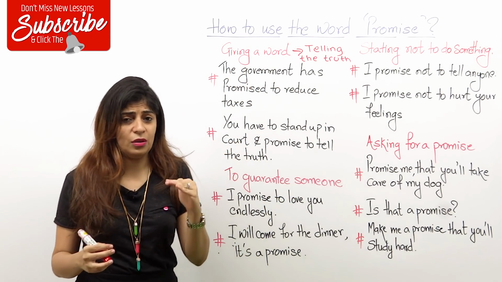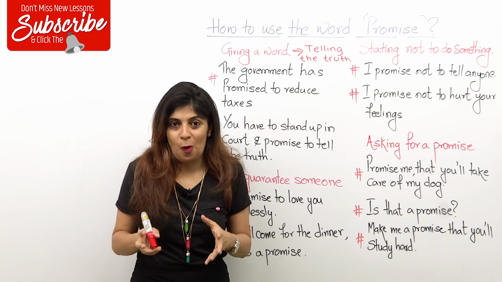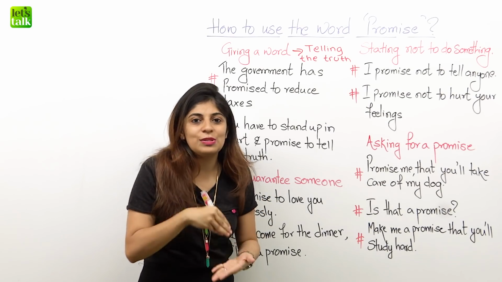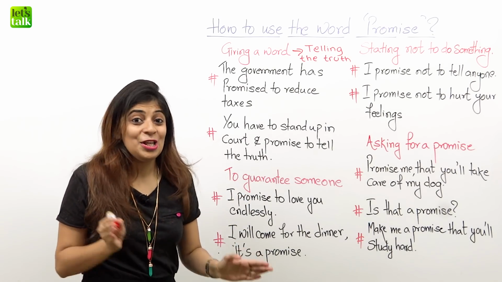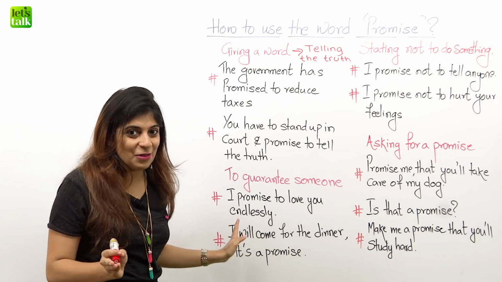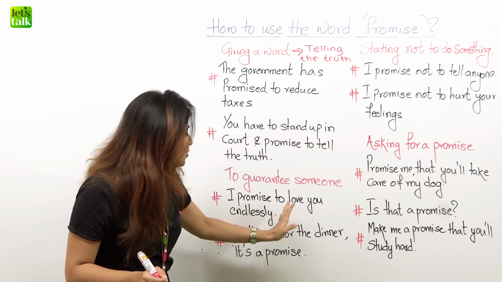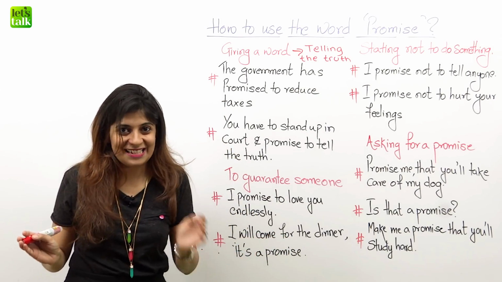The other way when you use the word promise is when you guarantee someone, okay? So probably you will do something that you have said, right? To understand this better, let's have a look at the example out here. We have, I promise to love you endlessly. Oh, how romantic is that?